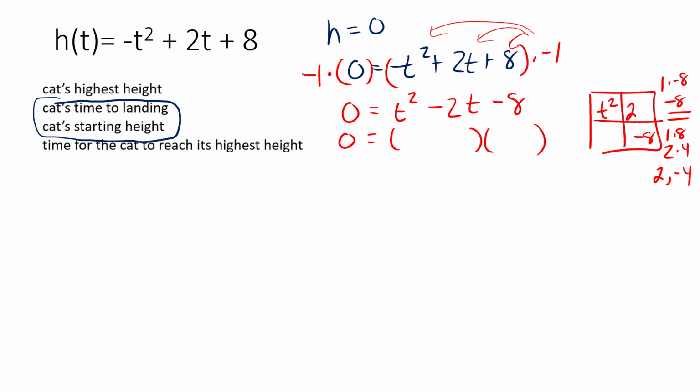So this will be 2t and -4t. GCF between 2t and t squared is t. T times t is t squared. T times 2 is 2t, and -4 times t is -4t, and -4 times 2 is -8. So I get t plus 2 and t minus 4.